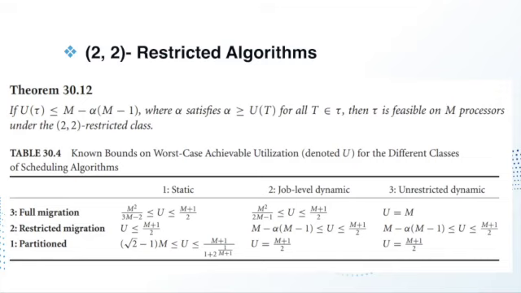The upper bounds for the rest of the classes follow from Theorem 30.8. The lower bounds on the worst case achievable utilization for 1 and 3, 2 and 3, and 2 and 2 restricted algorithms follow from Theorems 30.10, 30.9, and 30.12.